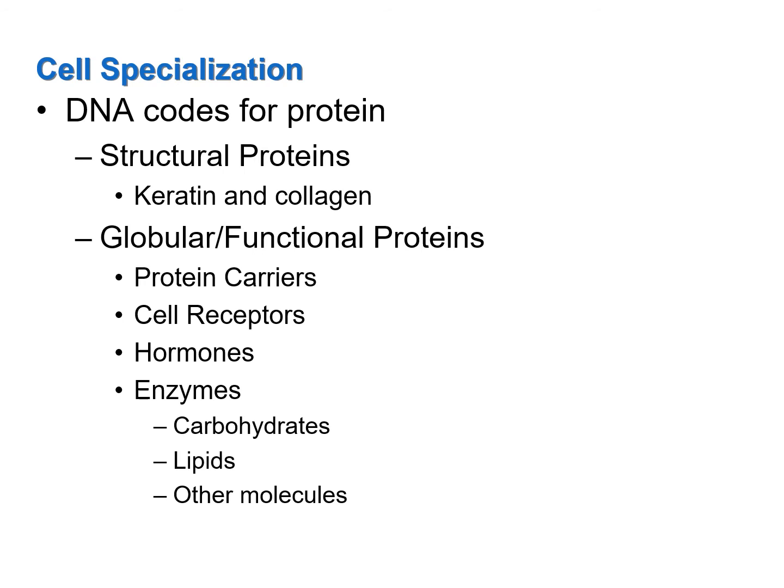Enzymes are proteins, so they're going to be constructed according to your DNA, and those enzymes catalyze reactions that synthesize, break down, and otherwise modify carbohydrates, lipids, as well as other molecules. So DNA determines your appearance, your metabolism, essentially who you are to a certain extent, because your DNA determines all of the proteins produced by all of the cells of your body.